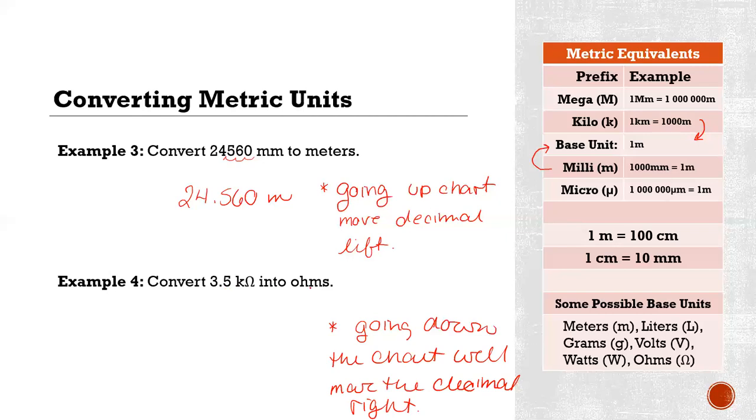So we're starting with kilo and we're going to ohms. Every kilo ohm has 1,000 of the smaller ohms. So we're going to move the decimal to make the number larger. There's going to be a lot more of these small pieces. So 3.5 kilo ohms is equal to 3,500 ohms.